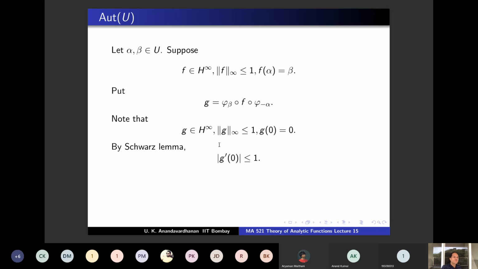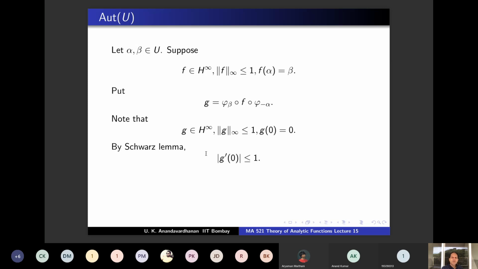So it's a generalization of Schwarz lemma in the case alpha equal to beta equal to 0, right? If alpha is 0 and beta is 0, then g is f, no? Because phi at 0 is the identity function. So g will be f. So Schwarz-Pick lemma is a generalization of Schwarz lemma by arguing with such a g.